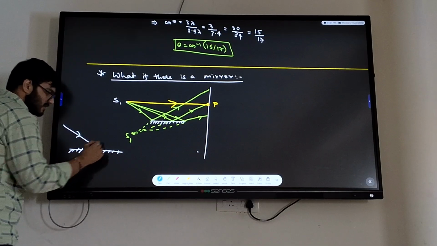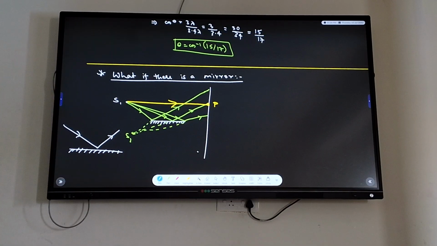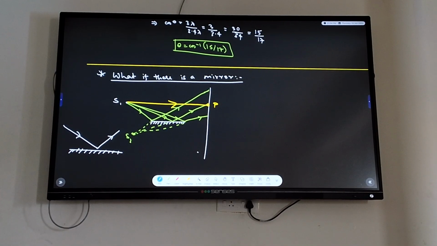reflected from this mirror, what happens to this ray? What happens to this ray when it gets reflected from this mirror? Does nothing happen? Under reflection, what happens?